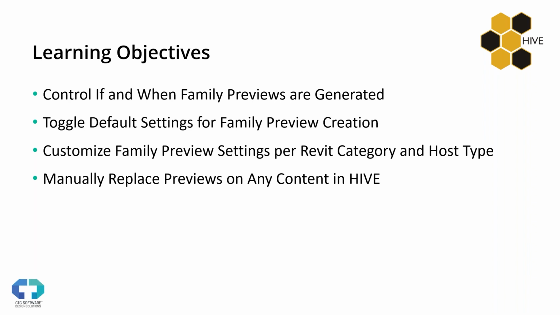And we're also going to talk a little bit about manually replacing previews on any piece of content that's in HIVE and why you might want to do that and why that might tie back to if and when family previews are generated and how all those controls work together.